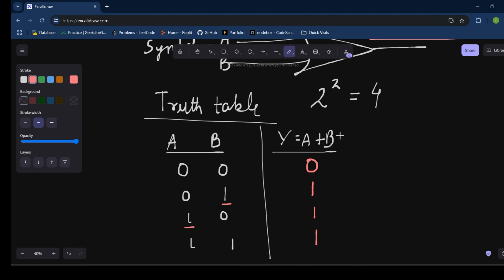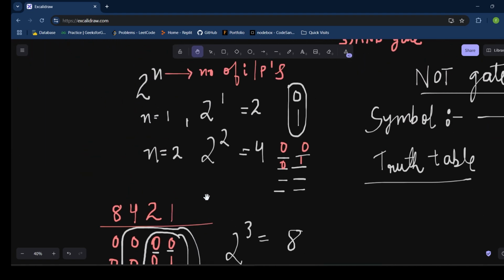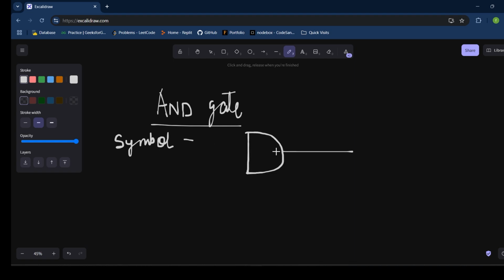So let's move on to the next gate, that is the AND gate. The symbol for this gate would be two inputs, A and B, and the output.